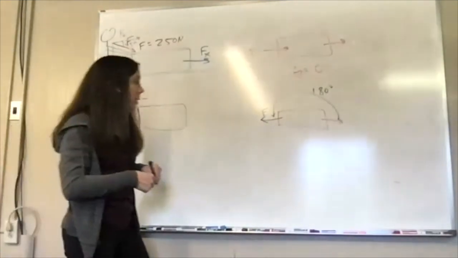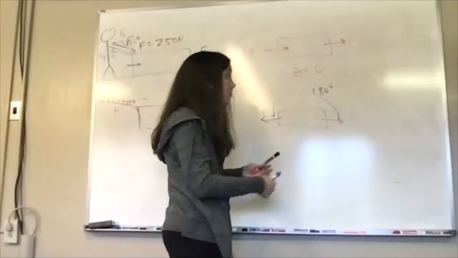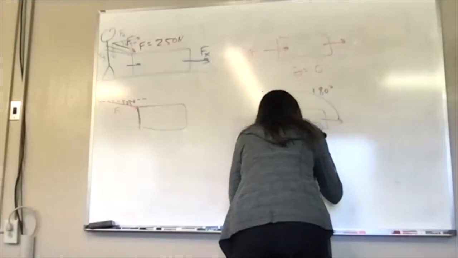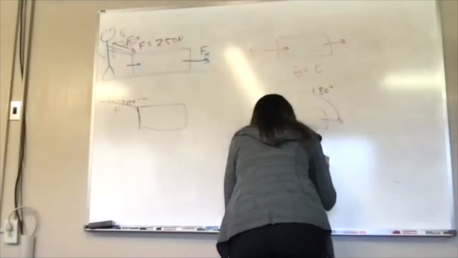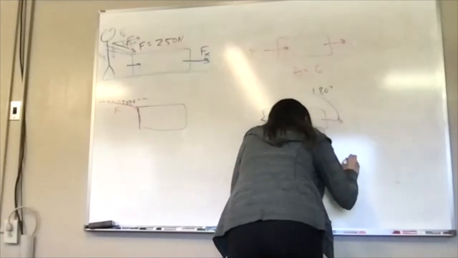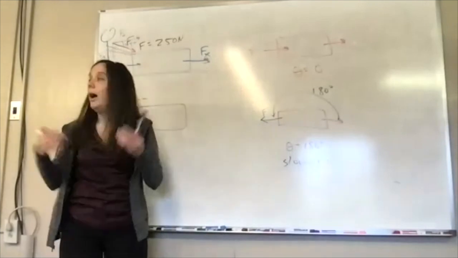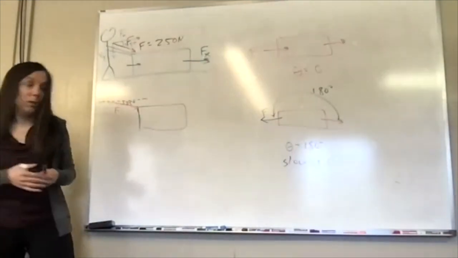So you have a force that's opposite to its motion, that's slowing it down. And so an angle of 180 degrees is slowing down. That's when you have negative work being done on the box. The force is in the opposite direction of the velocity of the object.